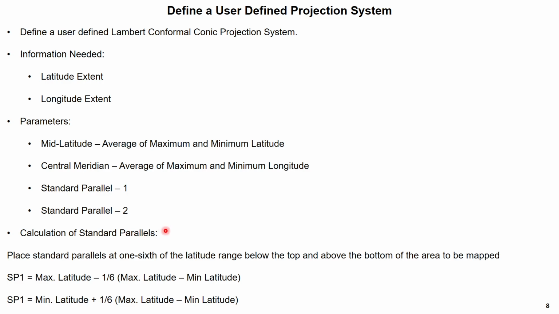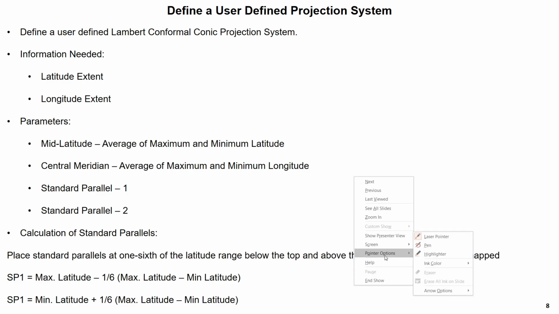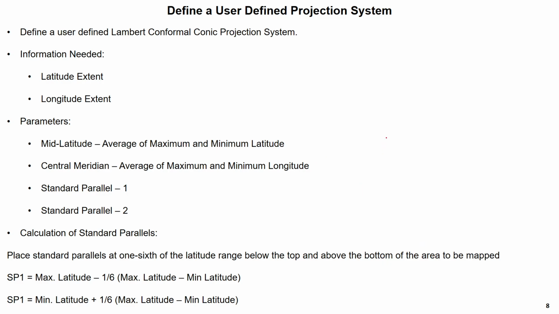While defining the standard parallels, there is a thumb rule. We should place the standard parallels at 1/6 of the latitude range below the top and above the bottom of the area to be mapped. So let's say that this is our study area. Here is your maximum latitude, then here is your minimum latitude.